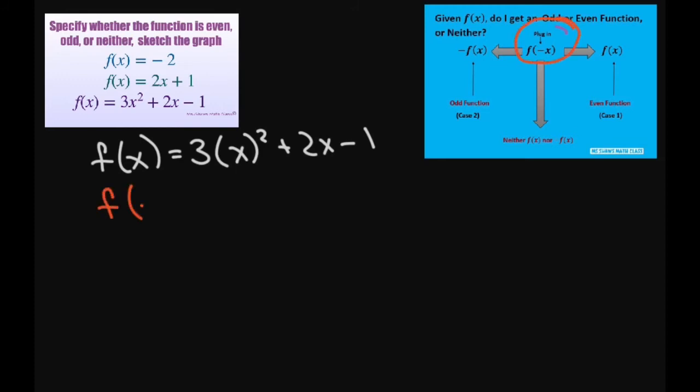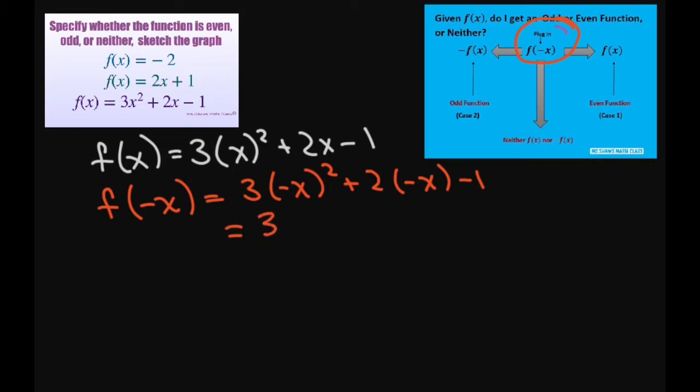So you put f of -x equals 3 times (-x) squared plus 2 times -x minus 1. This gives me 3x squared, because this is going to turn to positive, minus 2x minus 1. So it doesn't look like our original, so it's not even.